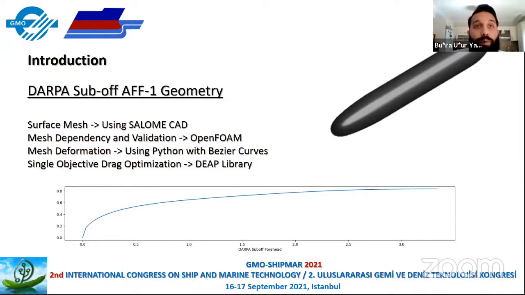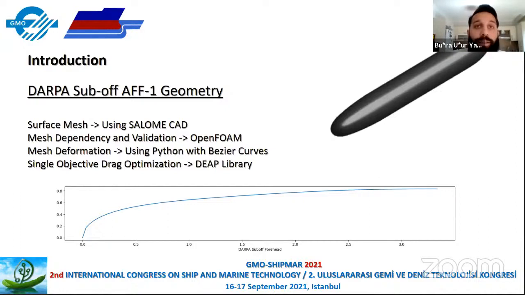Later, a mesh deformation study using Bezier curves was done to create optimization variants using the DARPA Suboff curve equations. Then an optimization study was carried out to find the optimum hull form in the given design space and constraints. Finally, the optimized bow form was compared with the well-known elliptical forebody forms, and the capability of the optimization method was evaluated.